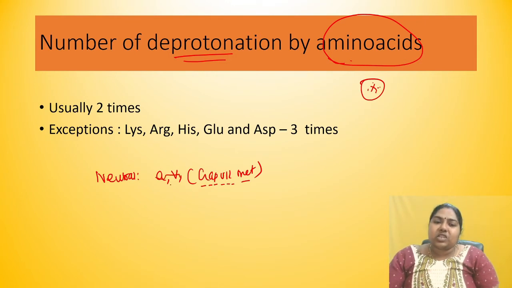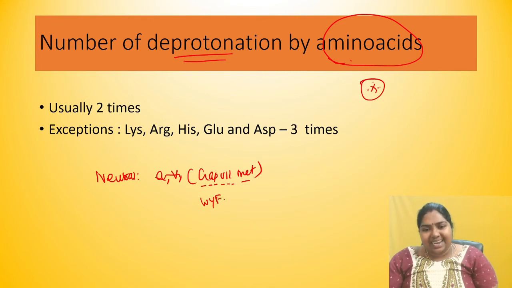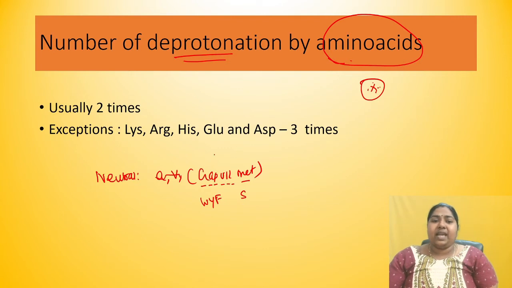Right. So all these neutral amino acids, apart from that, whichever things are neutral, you have tryptophan, tyrosine, phenylalanine, right? So serine, all those things. Okay, apart from the basic and acidic ones, all are almost neutral. So all these have deprotonation only 2 times. Yes, the number of deprotonation is just 2 times.